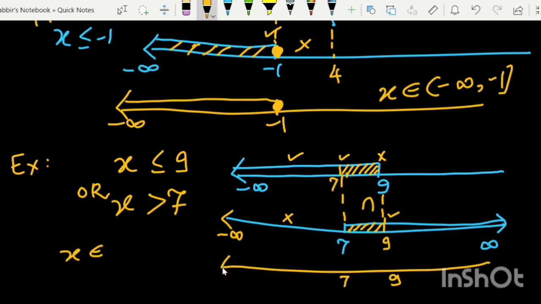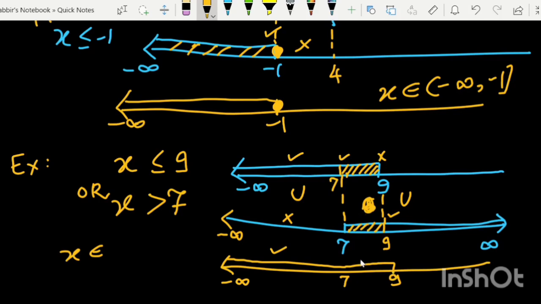Whether it is common or uncommon, the solution from minus infinity to 7 we will take, because it is union, it is not intersection. Okay, this is union guys. And from 7 to 9 it is common, that also we will take.